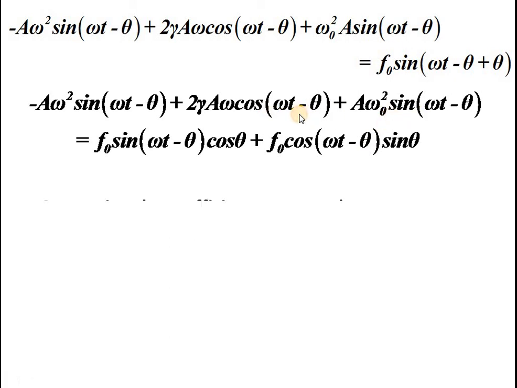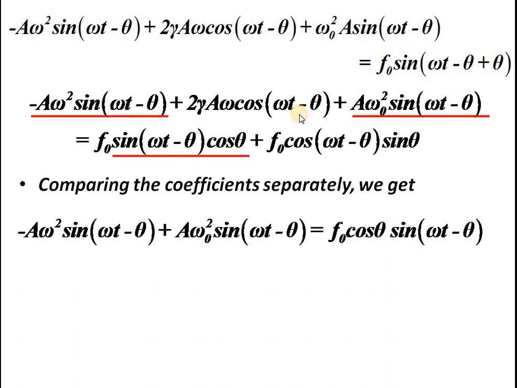So by comparing the identical terms, all the sine factors were compared. Now we can cancel all the sin(omega t minus theta) from LHS and RHS. So ultimately what we get is minus a omega square plus a omega 0 square is equal to f0 cos theta.